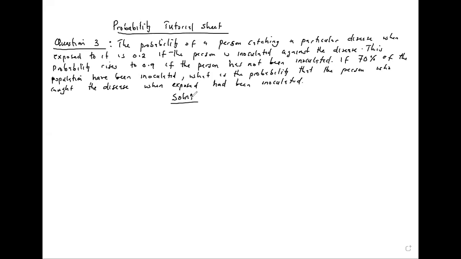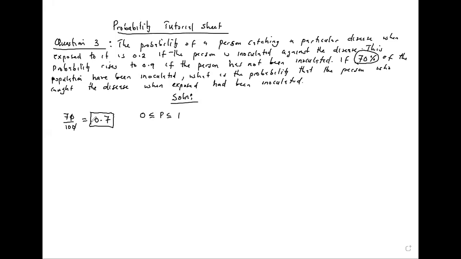So first thing, you start with the population. 70% in probability, if anything is given in percentage, you divide 70 by 100. So we'll get 0.7, since probability ranges from 0 to 1. So the population that has been inoculated is 0.7.